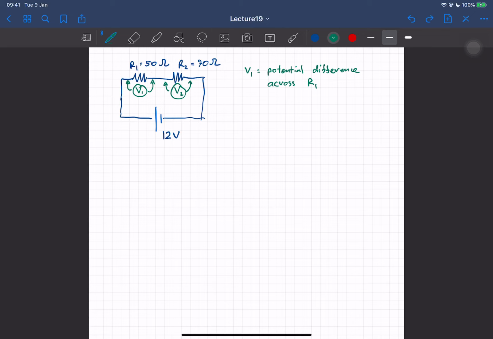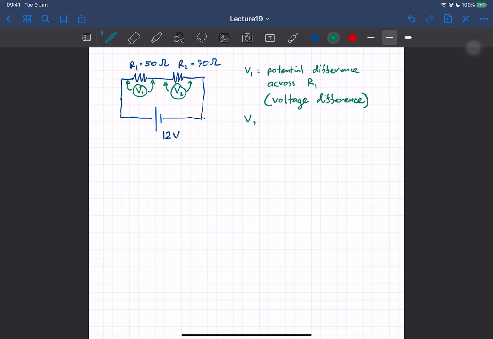Okay, and in the experiment you can just take a voltmeter and stick the voltmeter across the resistor like this, and you can read the number, right? If it says 1 volt, then the voltage or the potential difference across the resistor R1 is 1 volt. And again, sometimes this is called the voltage difference. So I would use these two terms kind of interchangeably, but you should know that they mean the same thing.